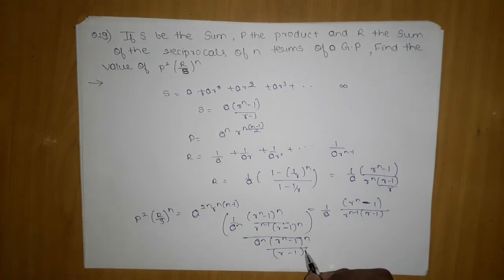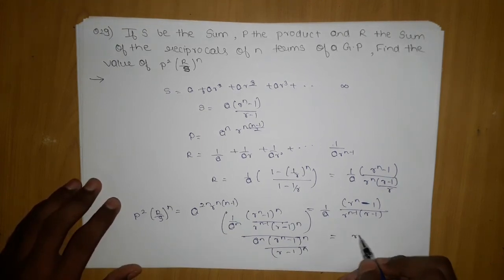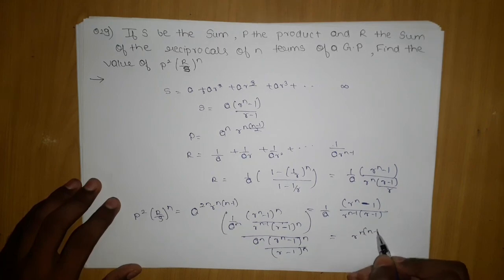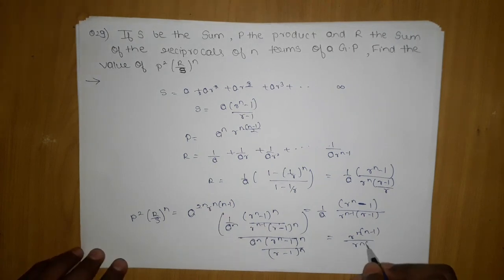So what you can see, this will cancel out and give me r power n into n minus 1 upon r power n into n minus 1, which will give me nothing but 1.